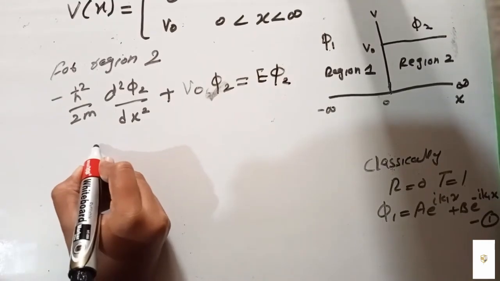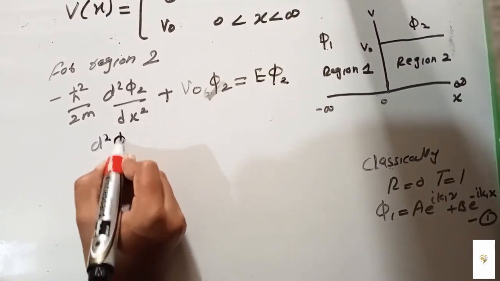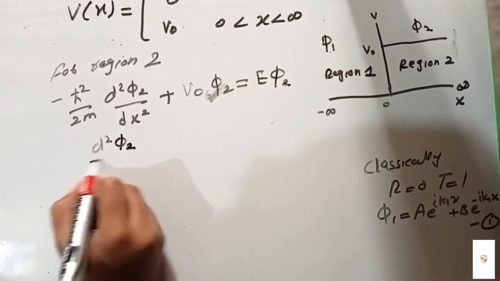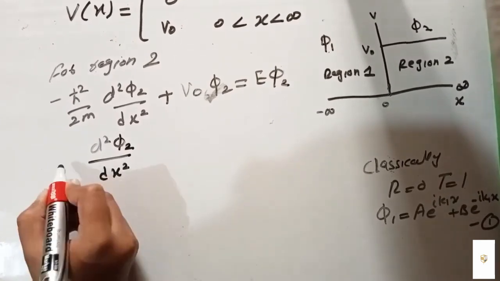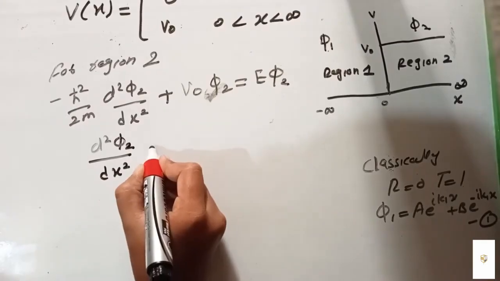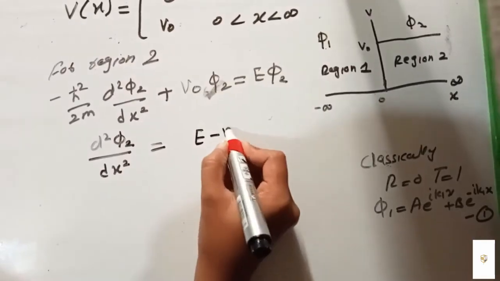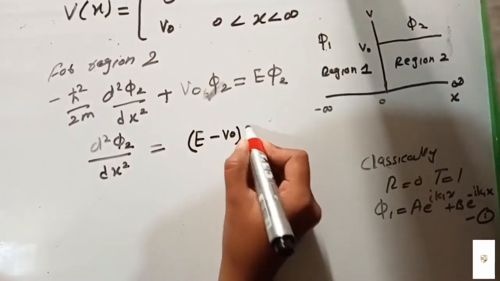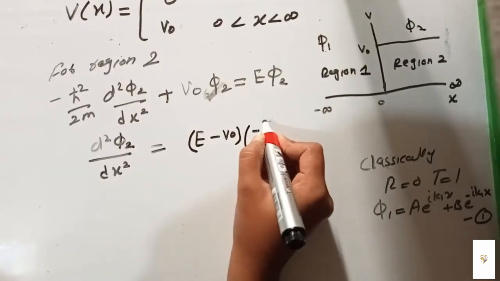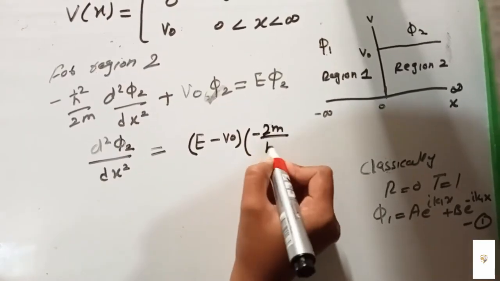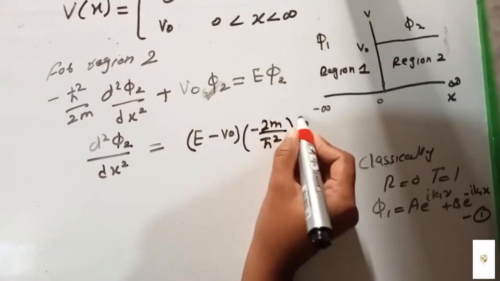This gives d square phi 2 over dx square is equal to minus 2m over h cut square (E minus V0) phi 2.